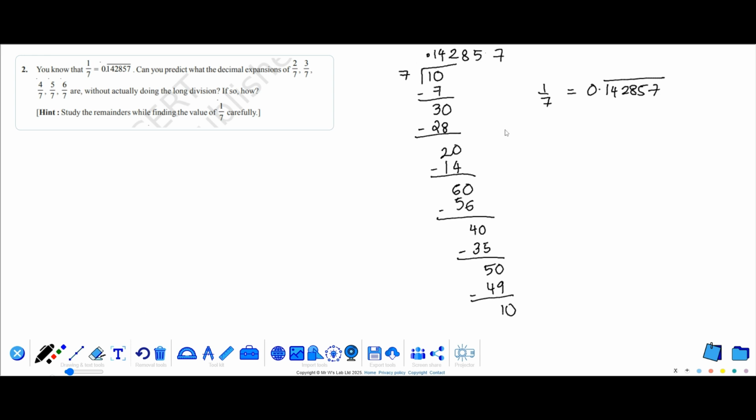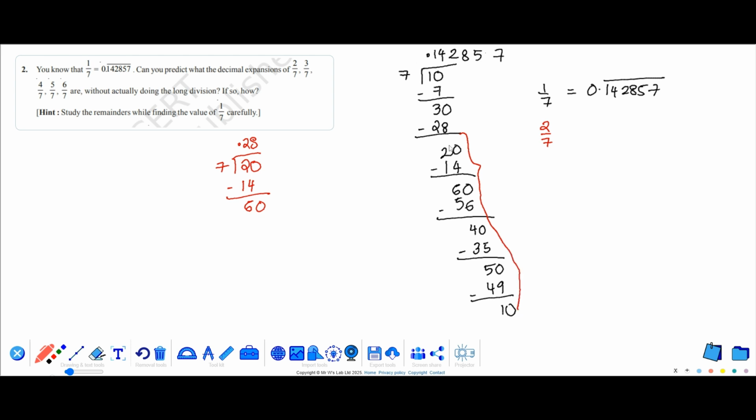Now, next question is 2 divided by 7. If you start 2 divided by 7, it will look something like this. 7 into 2 will be 14. 7 into 8. But we see that actually this is the same work we are doing, no?